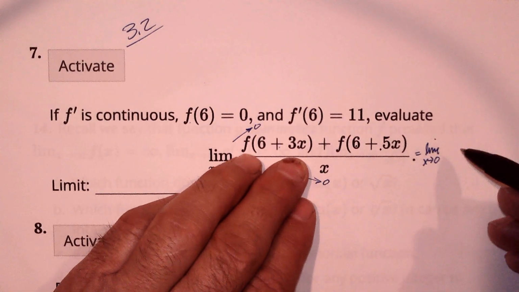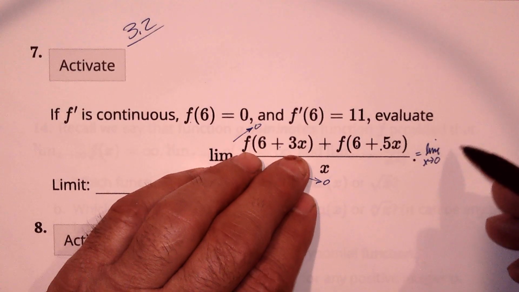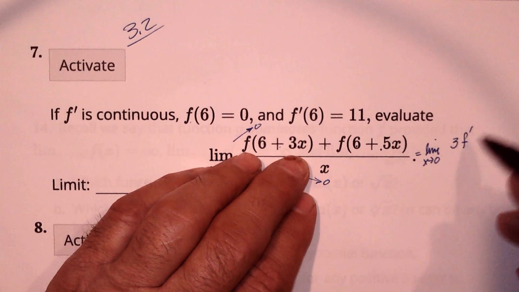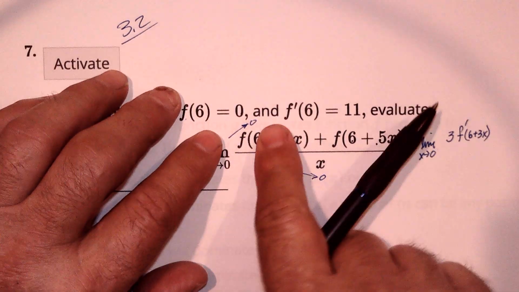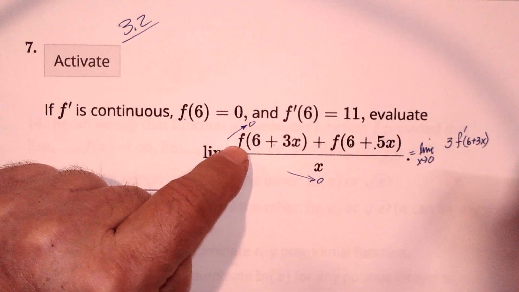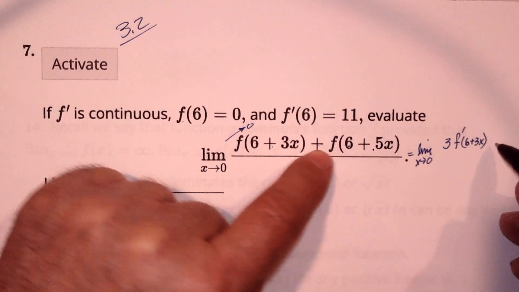Now, the derivative of f of this would be 3f prime of 6 plus 3x. It would be the derivative of something, so it'd be f prime of this times the derivative of the inside, which is a 3.